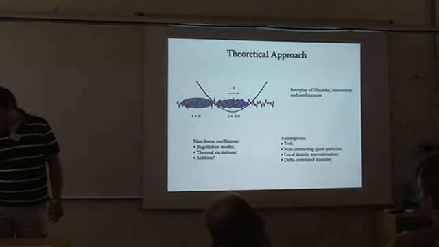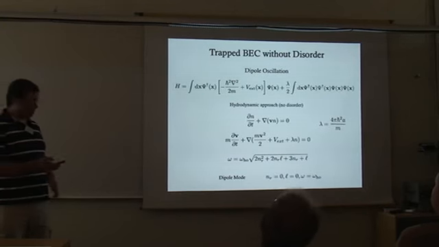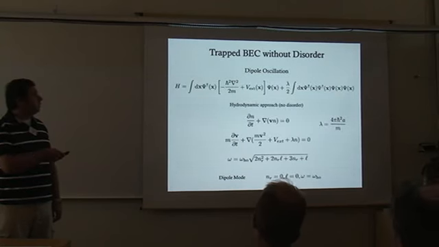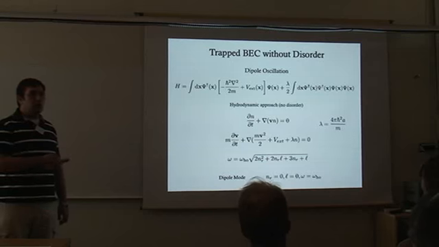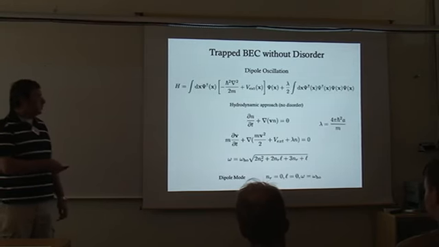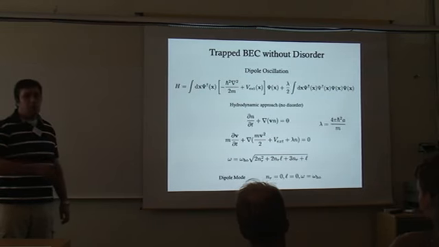Okay, so this is about the center of mass modes we were asking about. One basically starts from the standard Hamiltonian, where this is the potential, which is harmonic in this case, and the interactions. And one can derive the hydrodynamic equations from that, which are the continuity equations for density and velocity. One can solve them, and one sees that they support different modes with different frequencies, which are labeled by the radial and the angular quantum numbers.